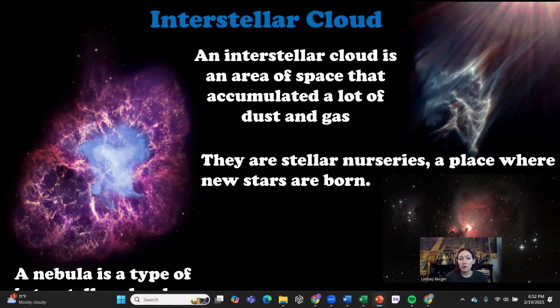And that's why we call some nebulas stellar nurseries. You'll see a really cool nebula in Orion's belt, and that is also a stellar nursery, Orion's nebula, hence the name. So if you ever get the chance to look through a telescope, you can see Orion's nebula in the winter, because remember it's a winter constellation in the northern hemisphere, and you can see one of those stellar nurseries, those remnants of dust and gas and things like that.